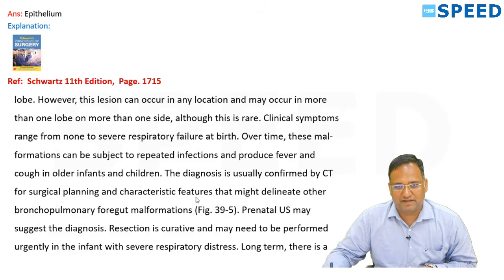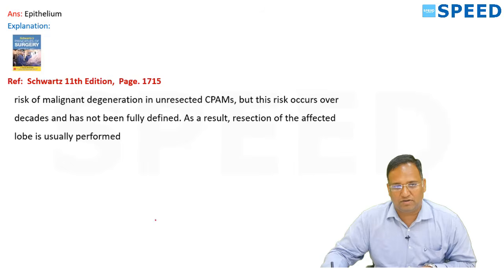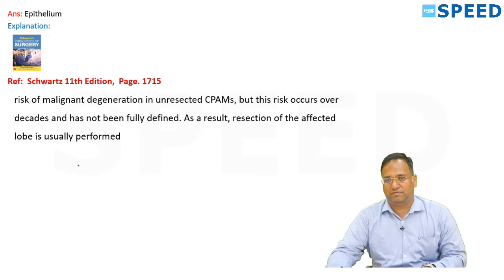For surgical planning, characteristic features might delineate other bronchopulmonary foregut malformations. Prenatal ultrasound suggests diagnosis. Resection is curative and needs to be performed urgently in an infant with severe respiratory distress. Long term, there is a risk of malignant transformation, but this risk occurs over decades and has not been fully defined. As a result, resection of the affected lobe is usually performed.